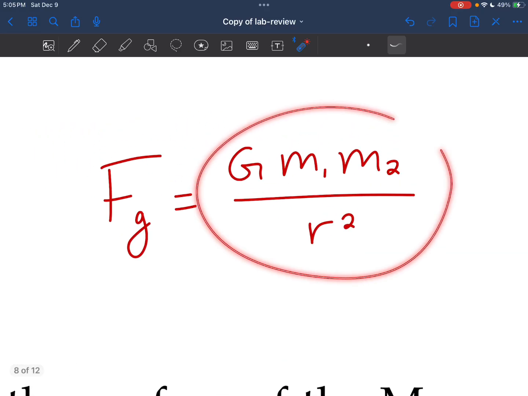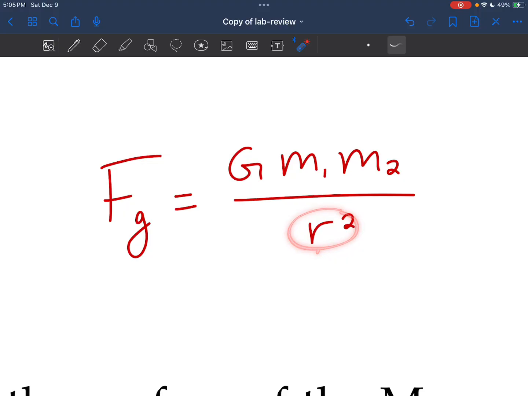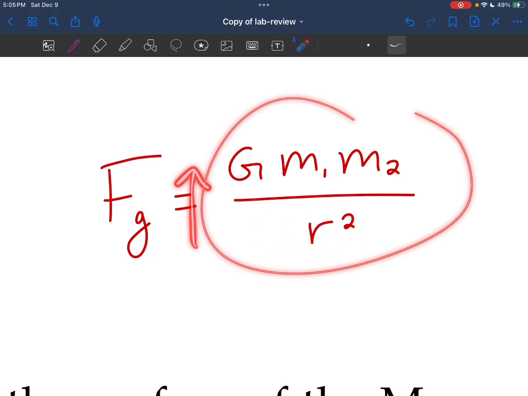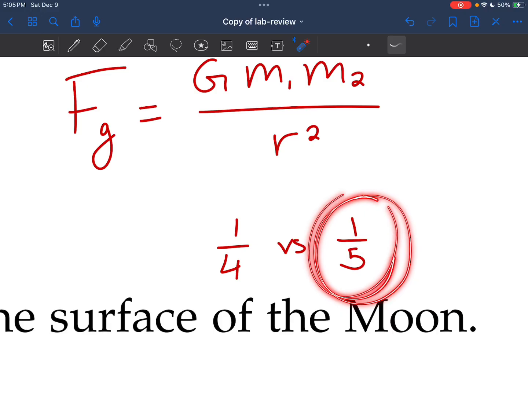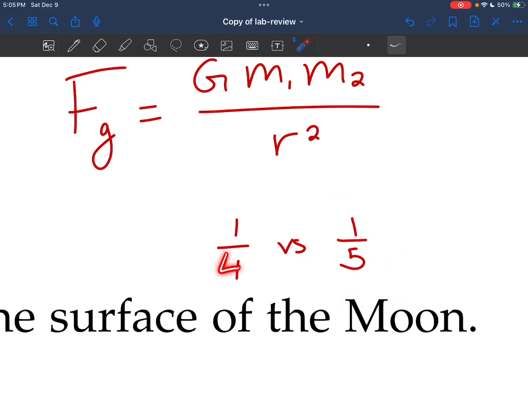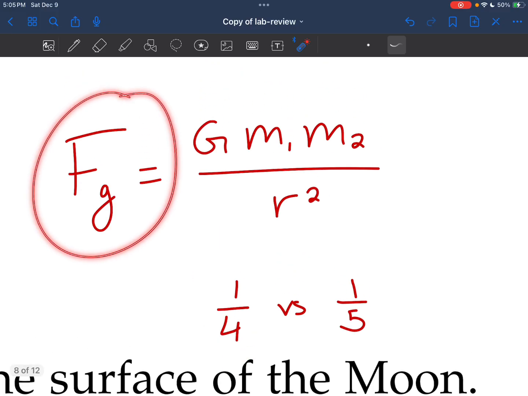So if I'm taking my whole number and making my denominator smaller, that's going to make my whole number bigger. Right? If I think about 1/4 versus 1/5, if I'm dividing by a larger number, that means I'll have a smaller part of the whole when I'm done. So if I'm decreasing my radius, I'll end up with a larger overall number.